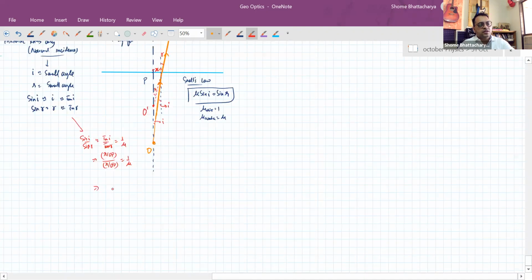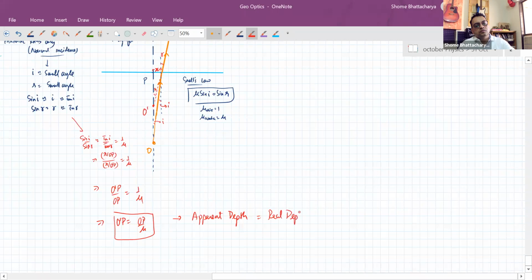So we can see from this that O prime P is OP divided by mu. So the apparent depth is the real depth divided by the refractive index of water in this case.